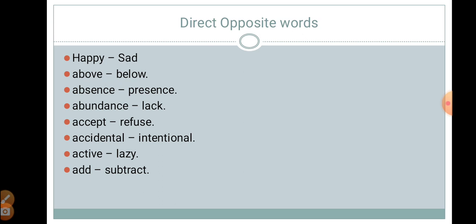You are enough in struggle. You struggle much. You respond. You act very well. That is what it refers to as active. If you are not active, then on the other hand, we call you lazy boy, lazy student. Yes. Then in mathematics class, you have add.